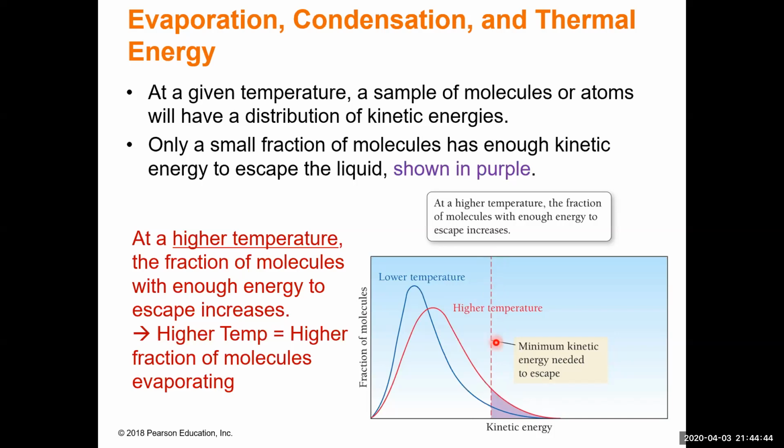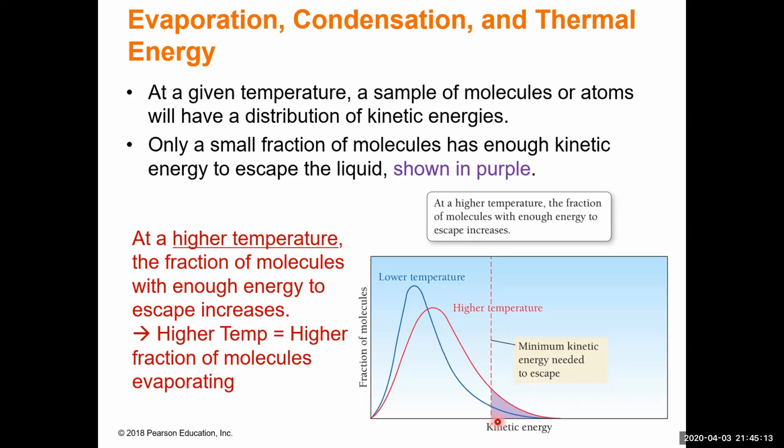So this line here represents the minimum kinetic energy that's needed in order for the molecules to escape the liquid state and form a gas state. So any fraction of molecules that have kinetic energy higher than this amount are actually escaping the liquid state into the gas state.